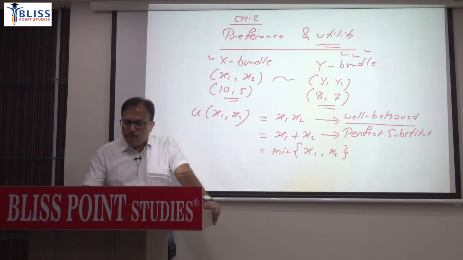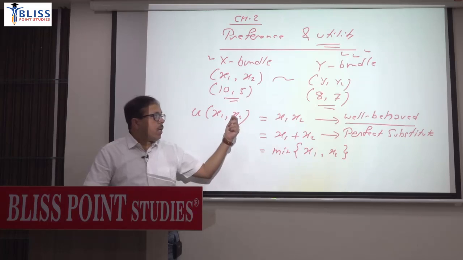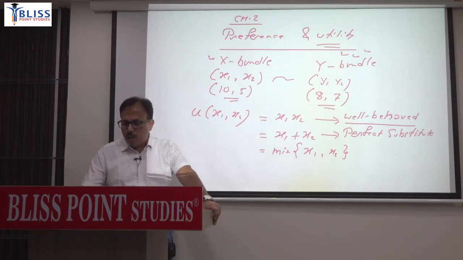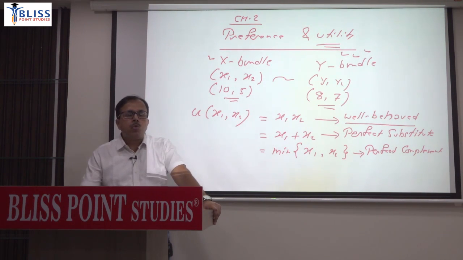So goods can be perfect substitutes or imperfect substitutes in that first case. If it is written as minimum of, then it is called perfect complement. Goods are complements when both goods must be used together in a fixed proportion.